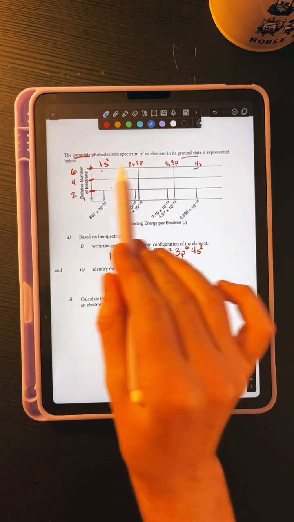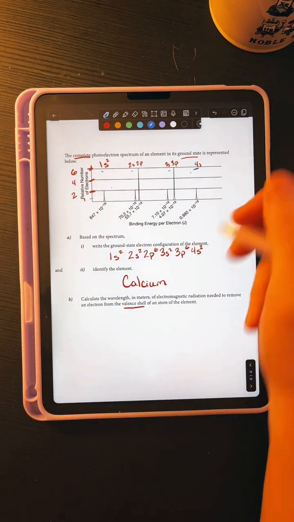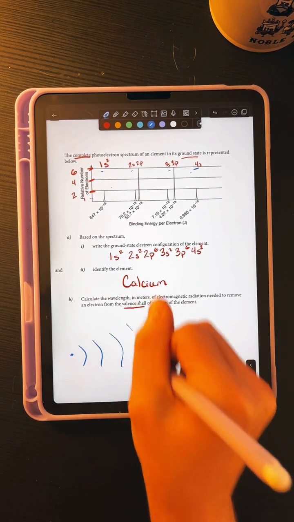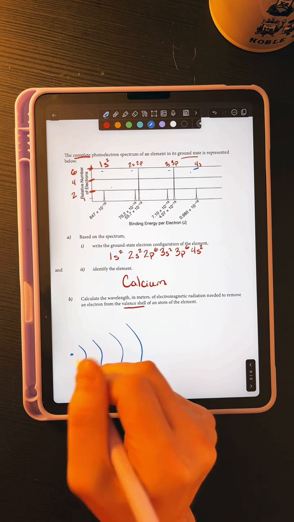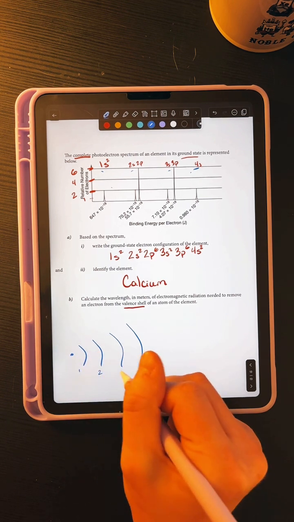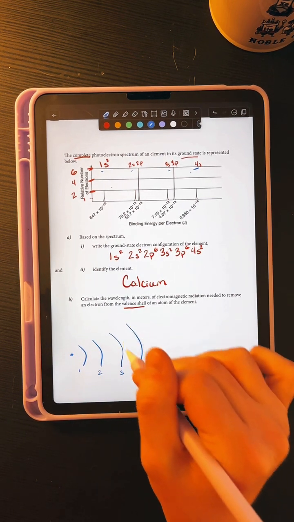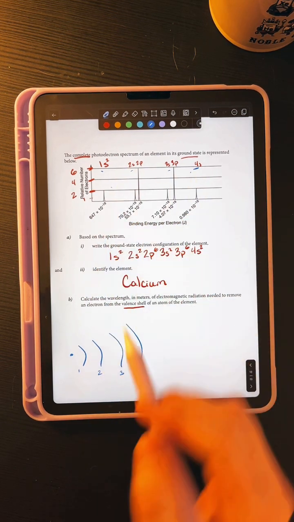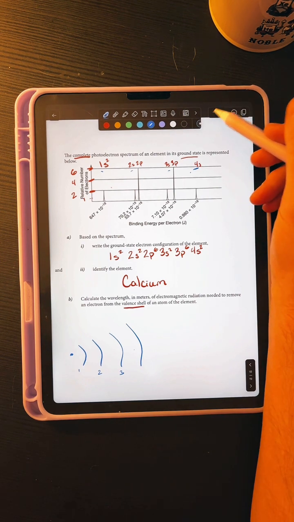So our numbers, 1, 2, 3, and 4, I'm going to write down here for a moment, correspond to the layers of electrons. So we have 1, 2, 3, 4. Our valence electrons are the outermost layer. So that number just tells us the shell of electrons.